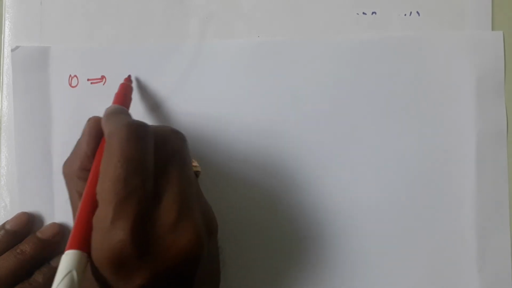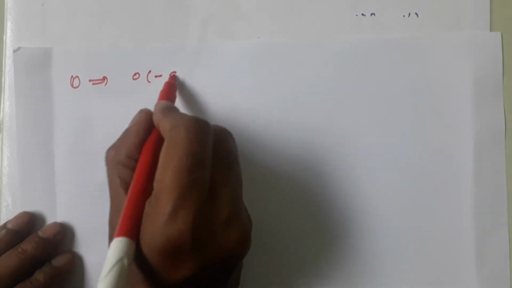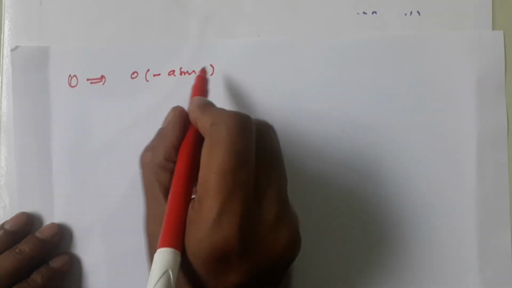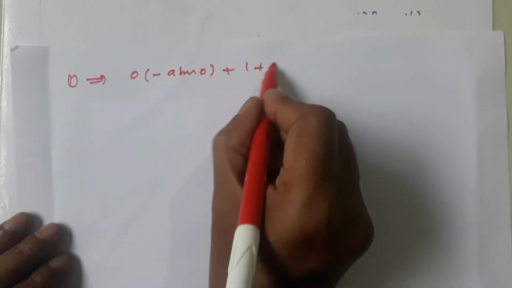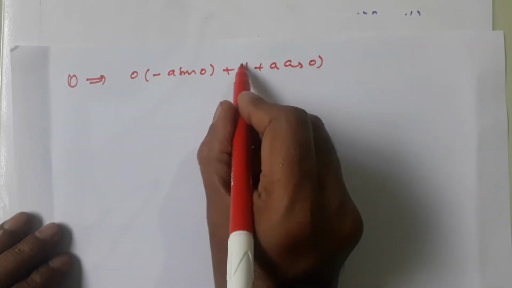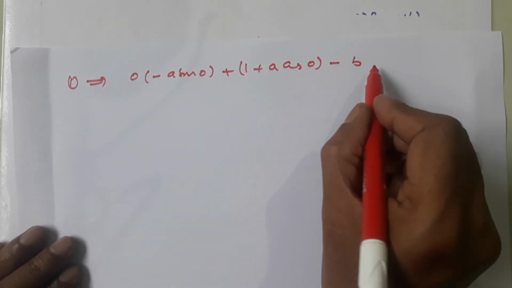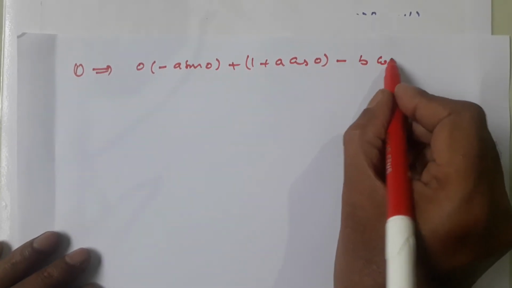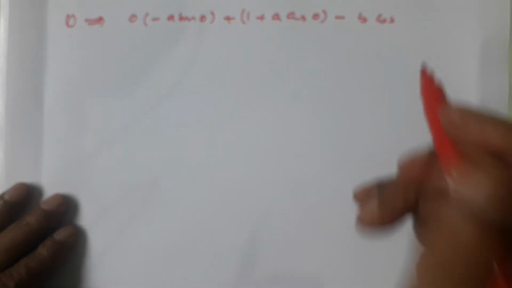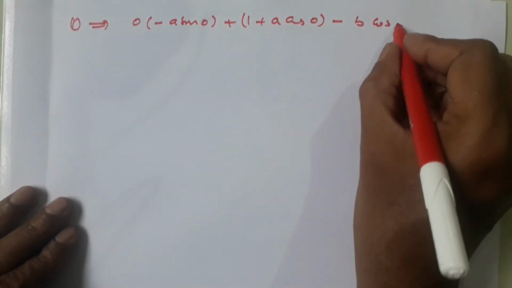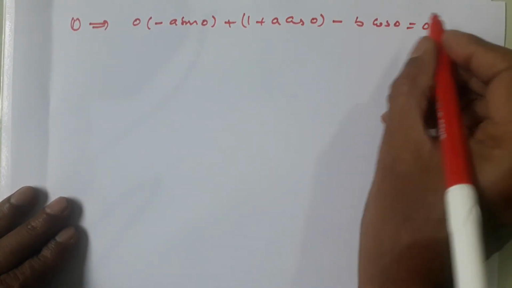So apply x tends to 0 in equation 1: 0 into minus a sin 0 plus 1 plus a cos 0 minus b cos 0 is equal to 0.